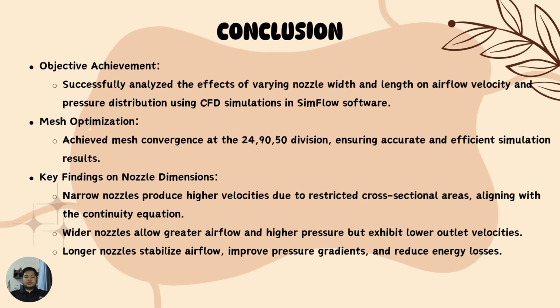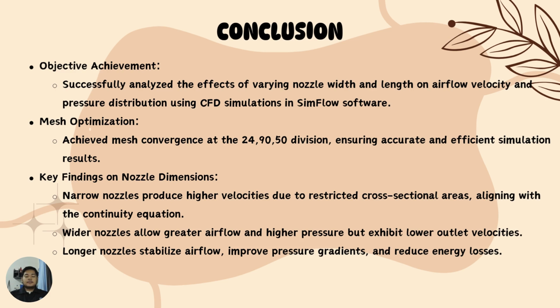To conclude, the study successfully analyzed the effects of varying nozzle dimensions on airflow velocity and pressure using CFD simulation in SimFlow software. Mesh convergence was achieved with a 24-90-50 configuration, ensuring reliable and efficient results.